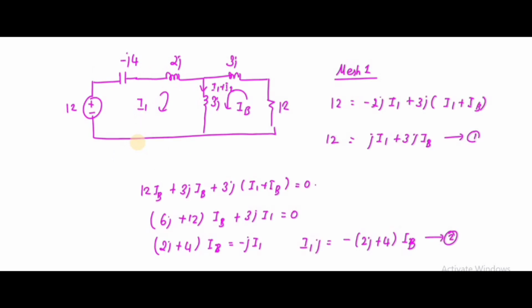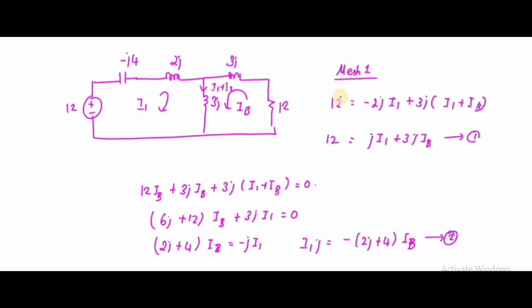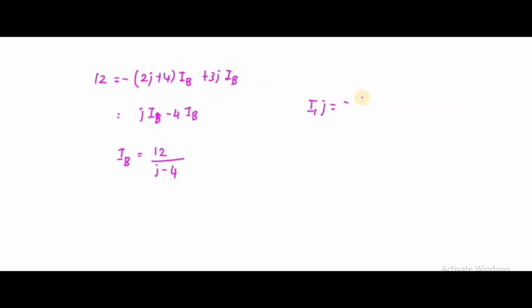And so what is I1 J? I1 J is equal to minus (2J plus 4) into 12 divided by (J minus 4).